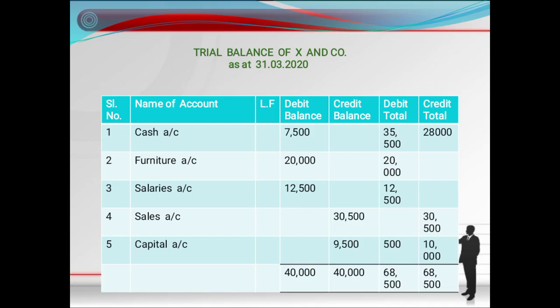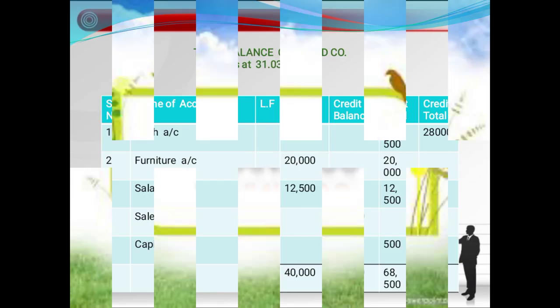Now you can see below that according to the balance method the total is 40,000, and under the total method the total comes to be 68,500. That means both the columns tally. It means we have prepared our ledger accounts with good arithmetical accuracy.